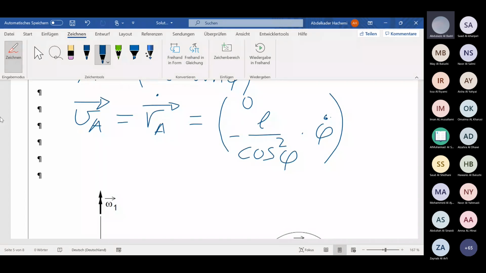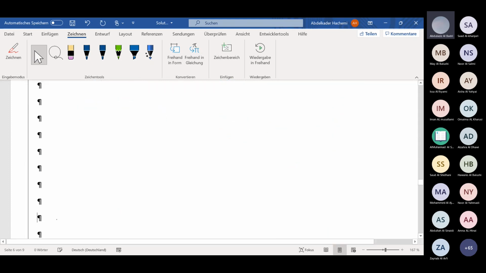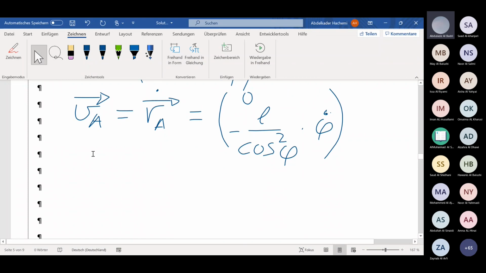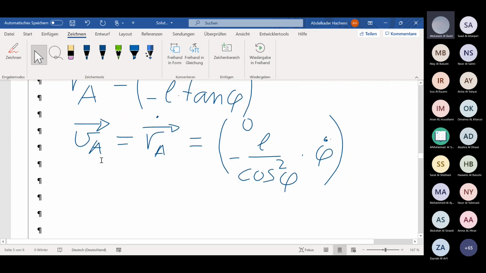If I take now the absolute value, we get VE. VE has two components. It's given in the y direction; in the x direction, it's equal to zero.